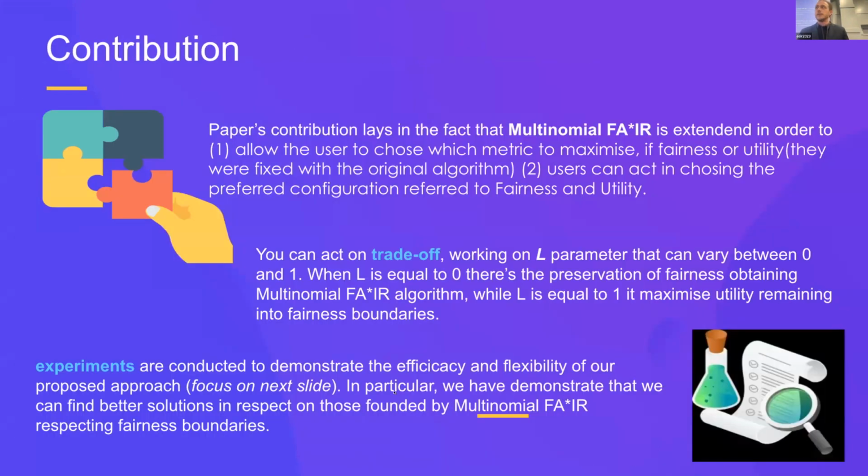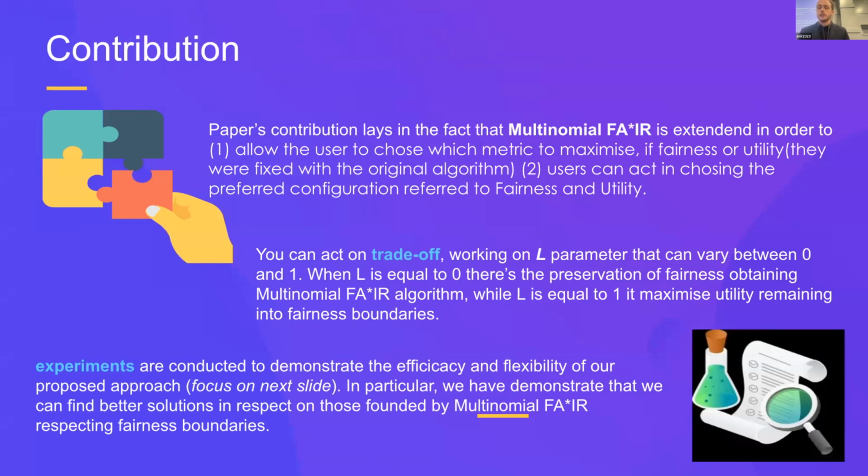The paper contribution lies in the fact that multinomial FAIR is extended in order to allow the user to choose which metric to maximize, fairness or utility. They were fixed with the original algorithm, multinomial FAIR. Users can so choose the preferred configuration with regard to fairness or utility.